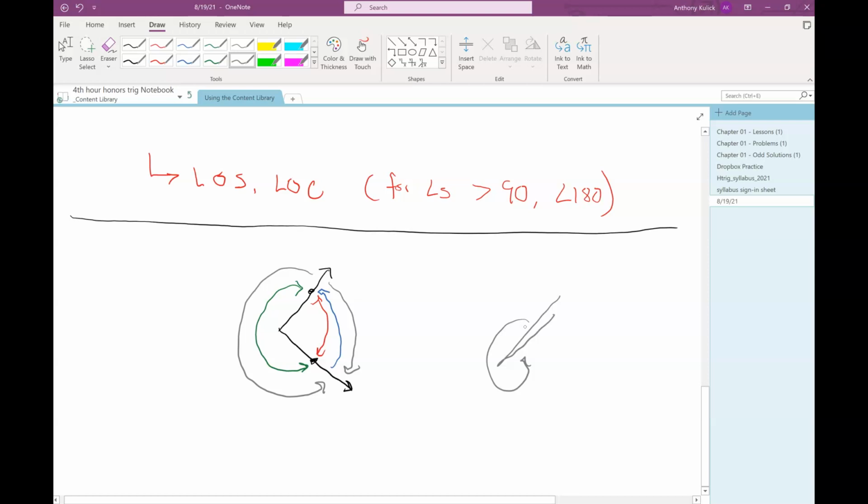So we're going to start way back like we did in the beginning of Algebra 2, talking about what a function is and some properties of functions and representations of functions. Then we'll get back to this where we left off in geometry and start building out these definitions of sine, cosine, and tangent. And that'll be really what first semester looks like.